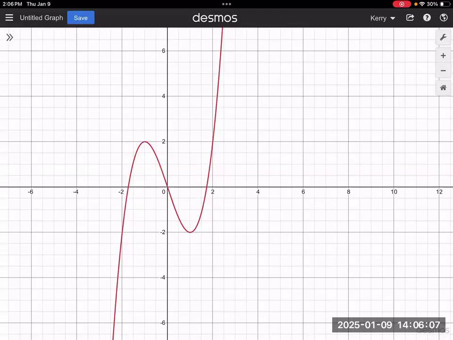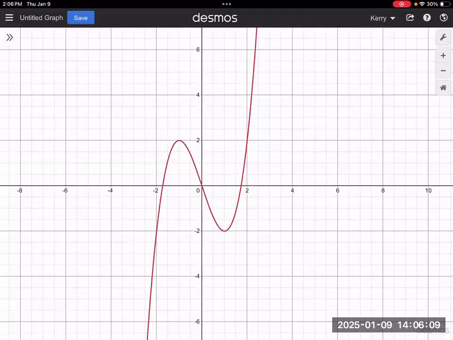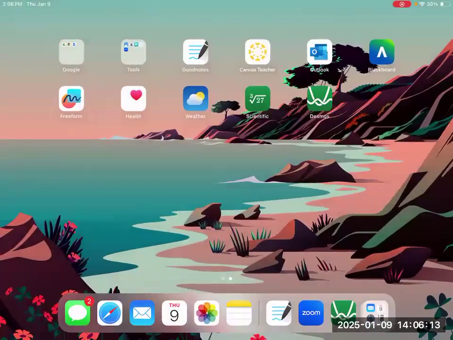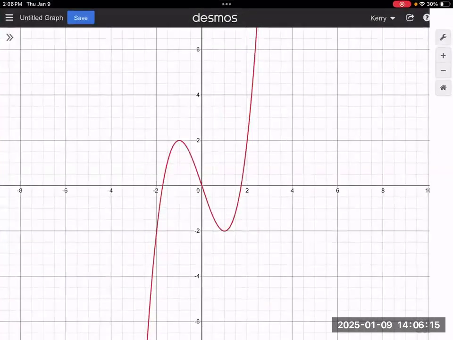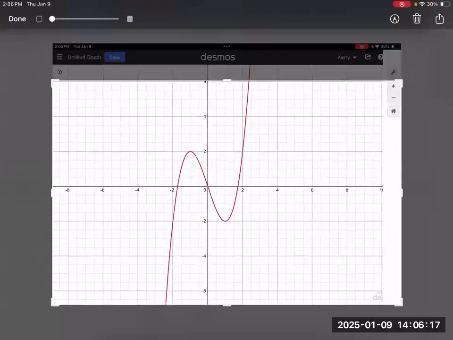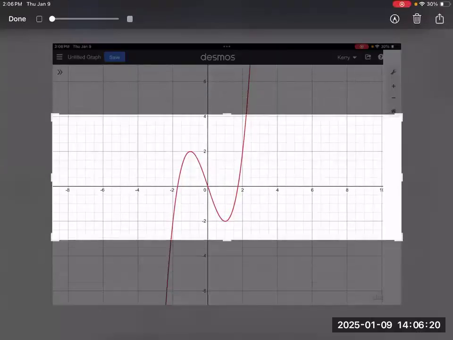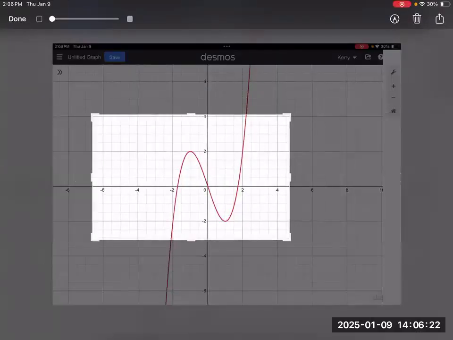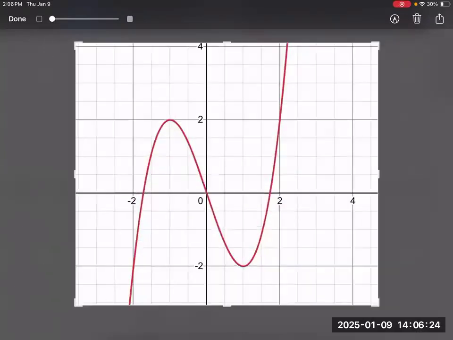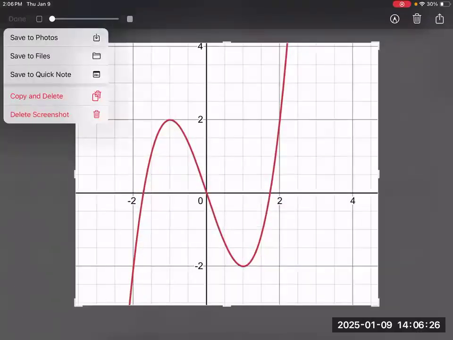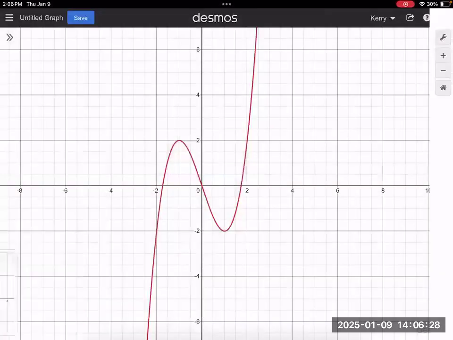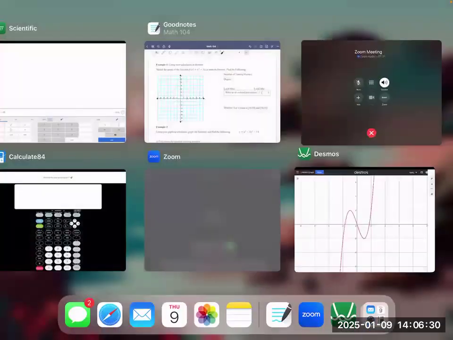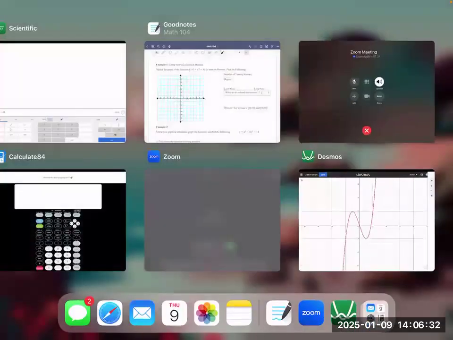How many turns are we seeing? Let's see. One more time. There we go. Sometimes I don't like putting the graph onto your notes just because I want you to see it on your own graphs instead of me giving it to you. Let me go ahead and transfer that right here.